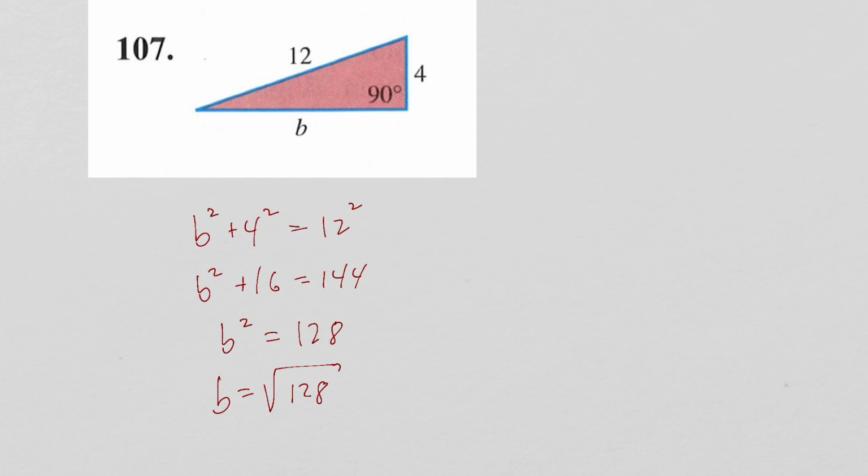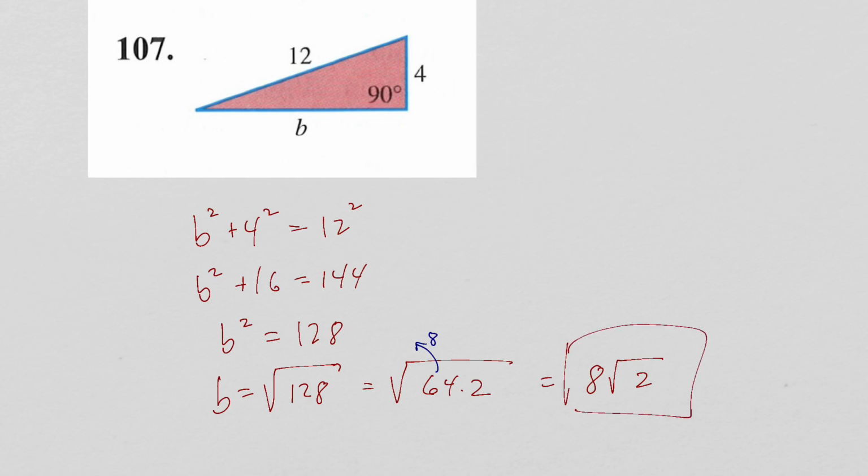Now, this is not a perfect square, so it can't come out, but 64, which is a perfect square, is a factor of this. So I can rewrite this as the square root of 64 times 2. And then you can take out the 64 by square rooting it, and it becomes an 8. So this is equal to 8 root 2.